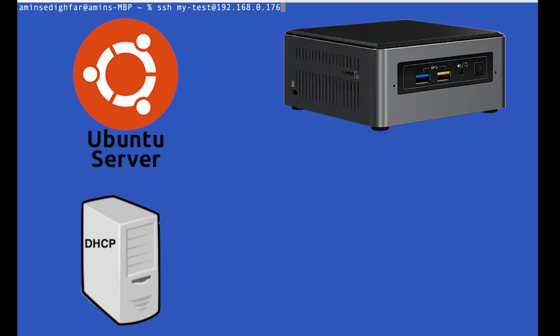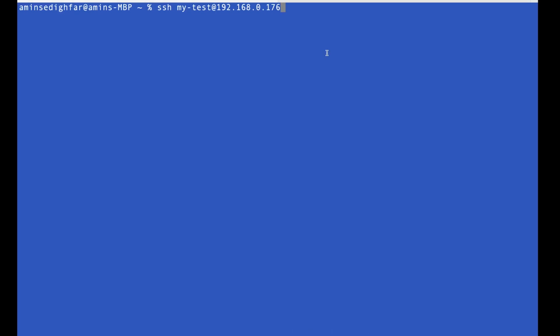Let's see. I put my Ubuntu server in bridge mode for the network interface. It is the IP address it got from my home router's DHCP. So I'm just going to try to open it.